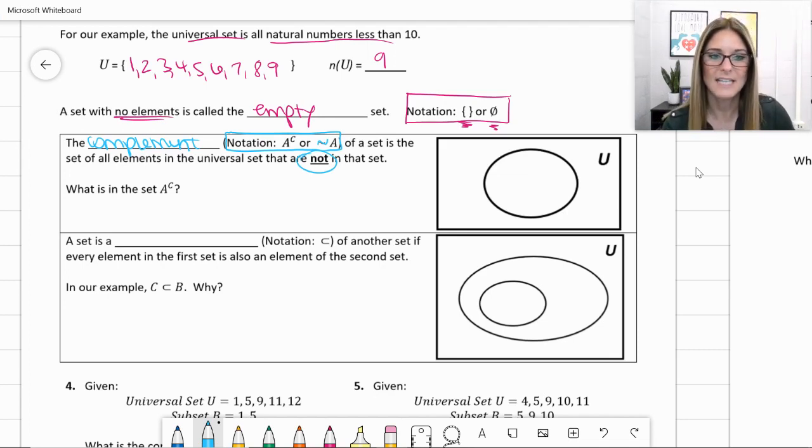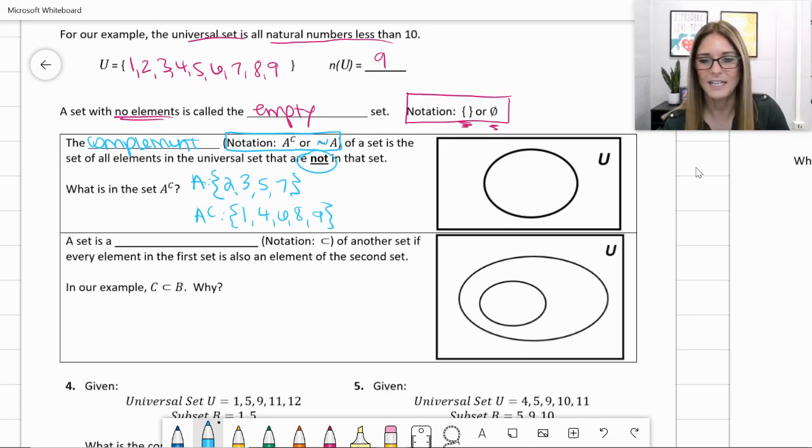So what is the set A complement? So we're referring back up to the beginning of our notes where we looked at set A and we defined set A as the set of all prime numbers less than 10. So let's list that out again. That was 2, 3, 5, and 7. So A complement is everything else. What is not a prime number less than 10? 1, 4, 6, 8, and 9.